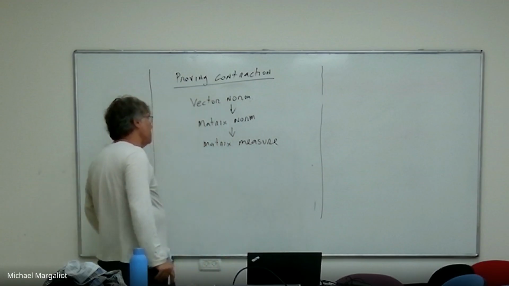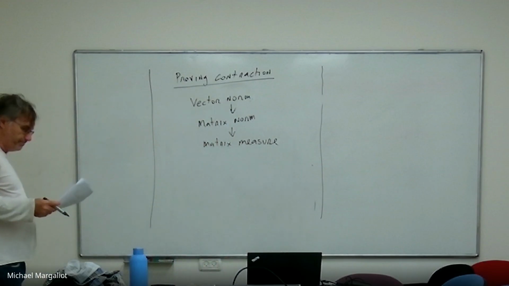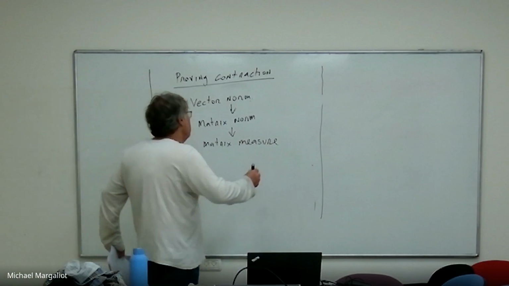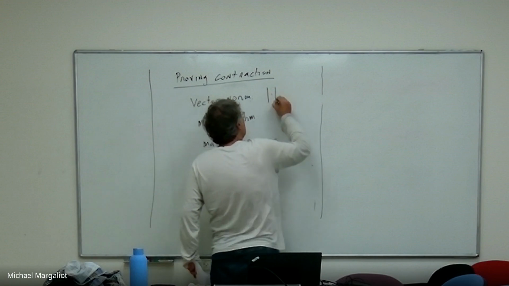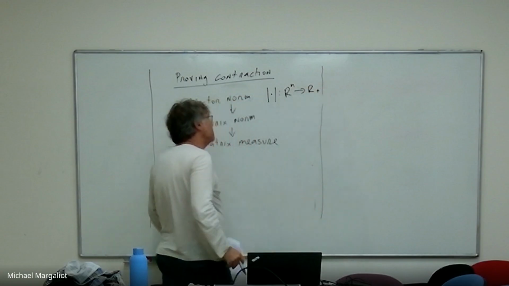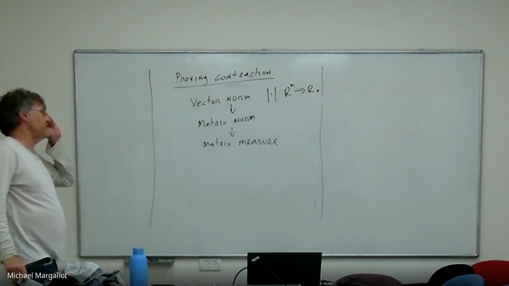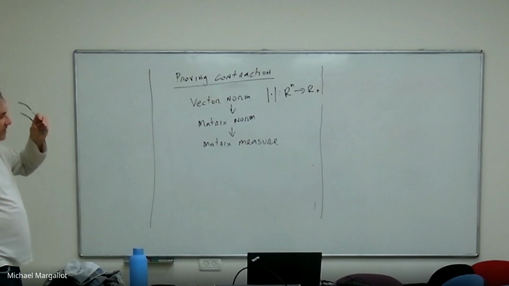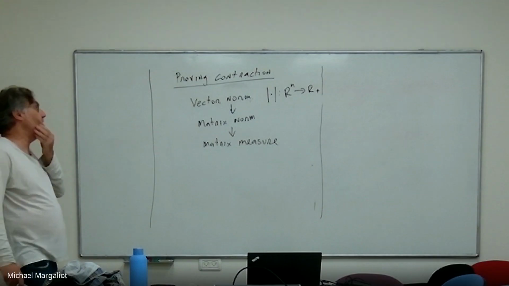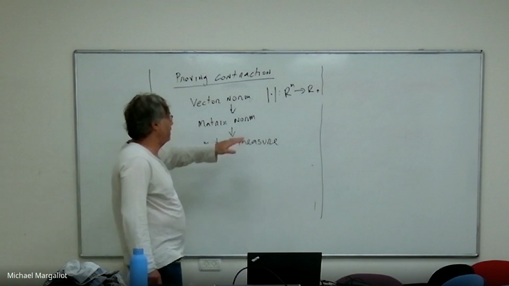These are the analytical tools that we need to prove contraction. So what is a vector norm? A vector norm is something that takes a vector and gives us the distance of this vector from the origin in some sense. So this will always be positive except for the 0 vector where it will be 0.